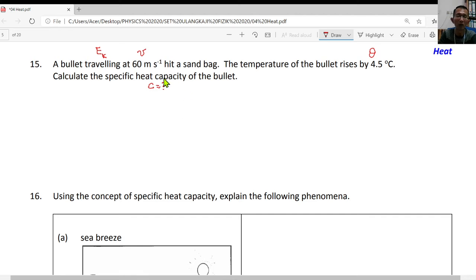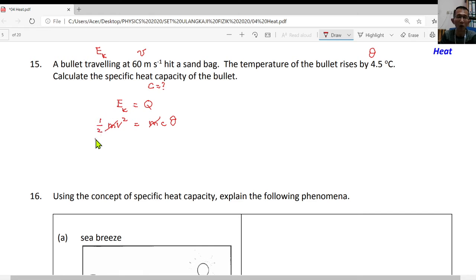So from the principle of conservation of energy, kinetic energy equals Q. What is the formula to find kinetic energy? 1 over 2 mv squared equals mc theta. So I can cancel m here, correct? Let us substitute our values into the equation.